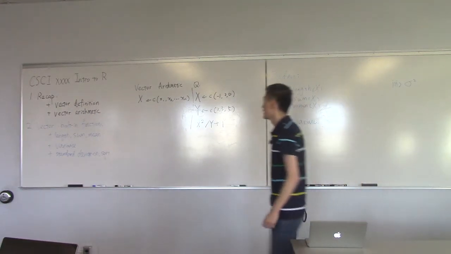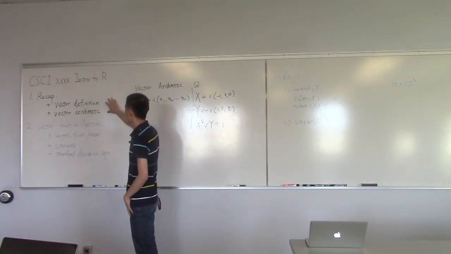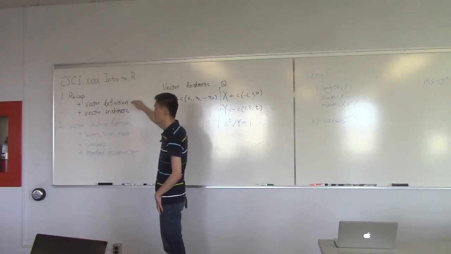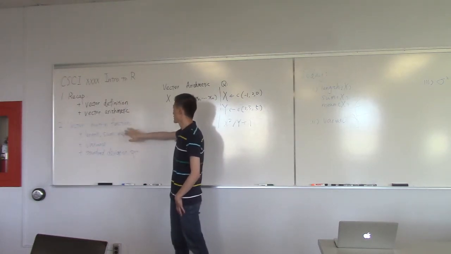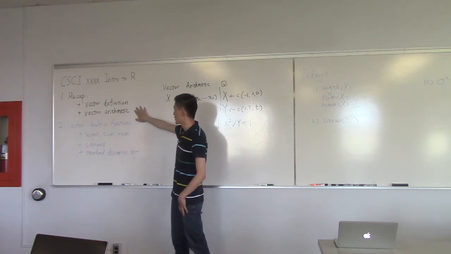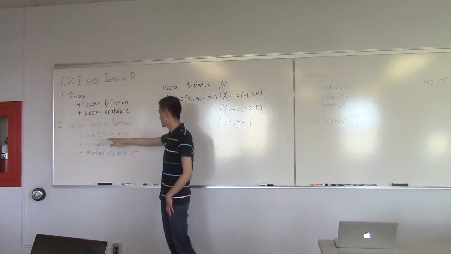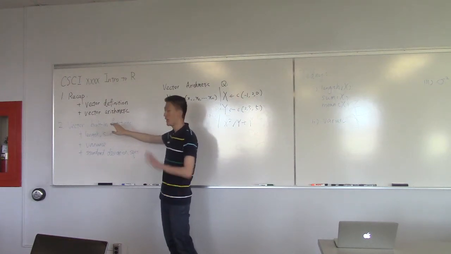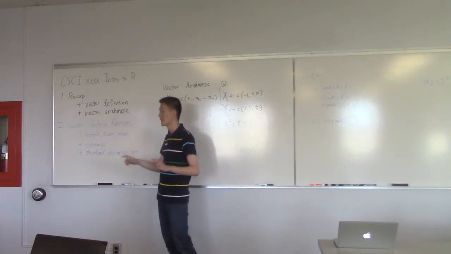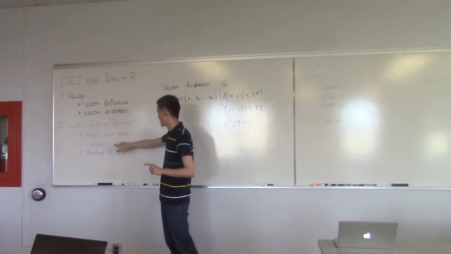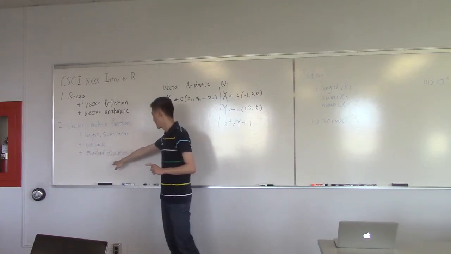So let's start. Today, as usual, we'll do a recap very quickly, and we're going to talk about vector definitions and also vector arithmetic. And today, we'll take a step forward and learn some built-in functions in R. Basically, length, sum, how to get the length of a vector, how to do the sum of each component in a vector, and get the mean, also how to calculate variance and standard deviation.